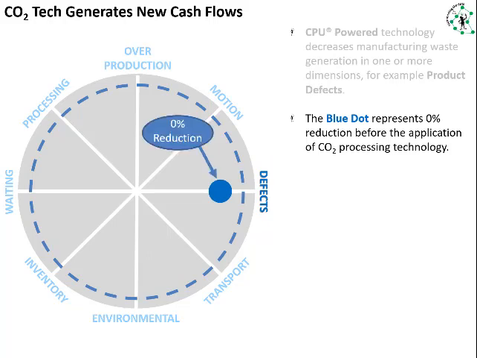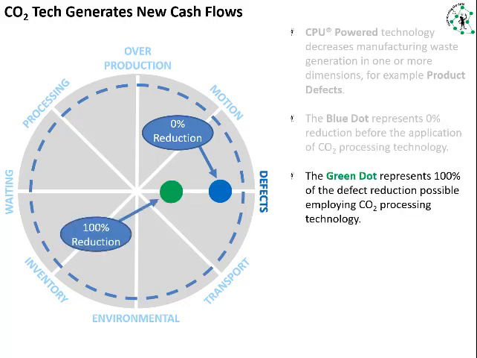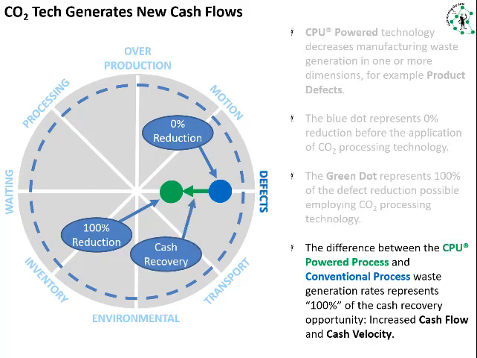The blue dot represents 0% reduction, that is before the application of CO2 processing technology. The green dot represents 100% of the defect reduction possible employing CO2 processing technology. The difference between the CPU-powered process and conventional process represents 100% of the cash recovery opportunity, both increased cash flow and cash velocity.